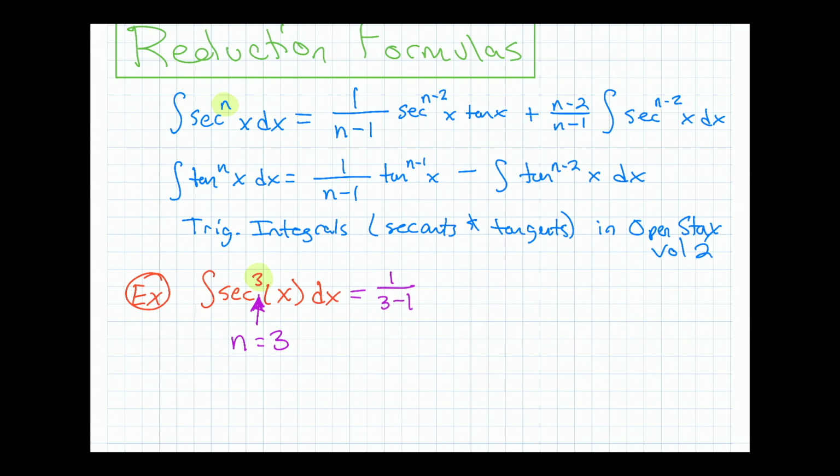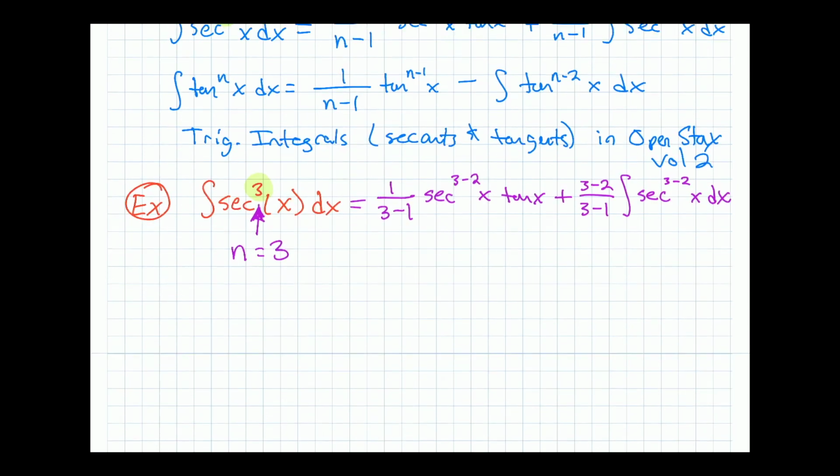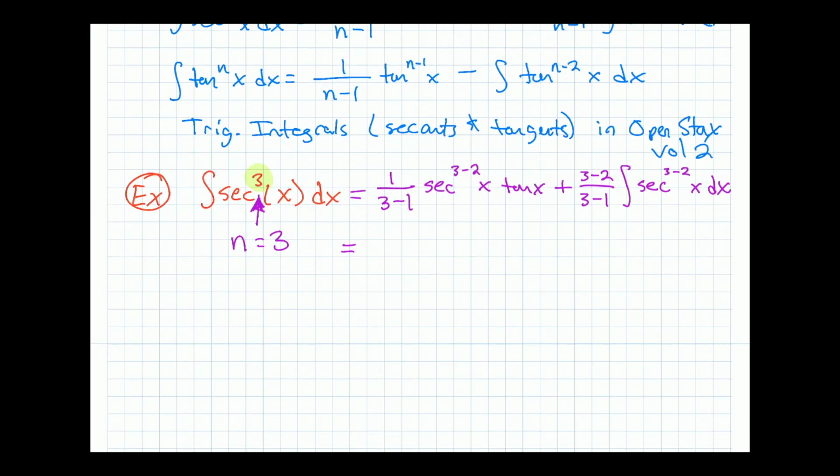Okay, so 1 over 3 minus 1. Then you have secant n minus 2, so that's 3 minus 2, x, tangent x, plus, then you have n minus 2 on top, so that's 3 minus 2, over n minus 1, so that's 3 minus 1, integral, secant 3 minus 2 x dx. Okay, so work out all those minuses, basically.